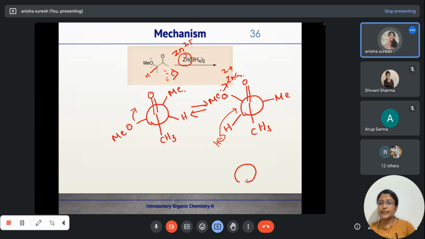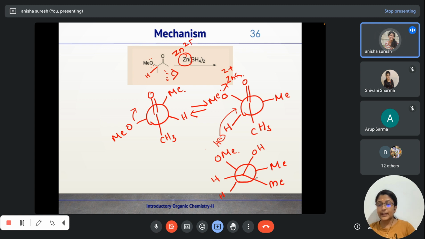So now what will be the structure? This Me, this hydrogen and this OMe will remain as they are, and here the hydride is coming and attacking, then OH, and then this methyl group CH3.